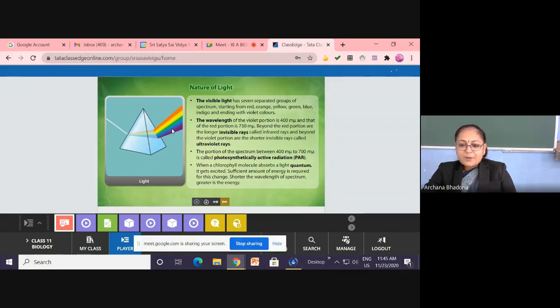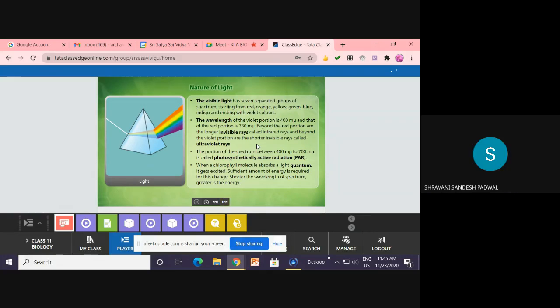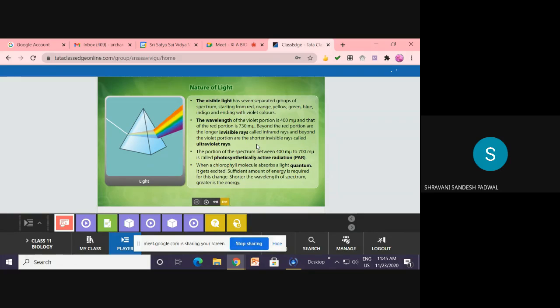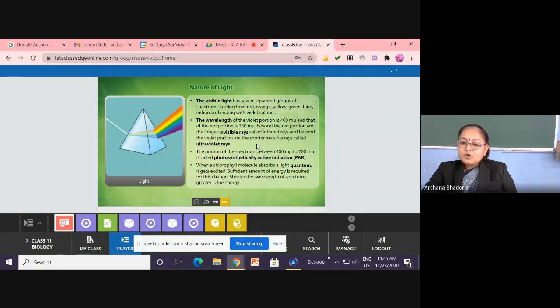We call it a spectrum, and we start with violet, so we call it VIBGYOR. Can you name the colors? Ma'am, violet, indigo, blue, green, yellow, orange, red. Okay, so they all have different wavelengths.